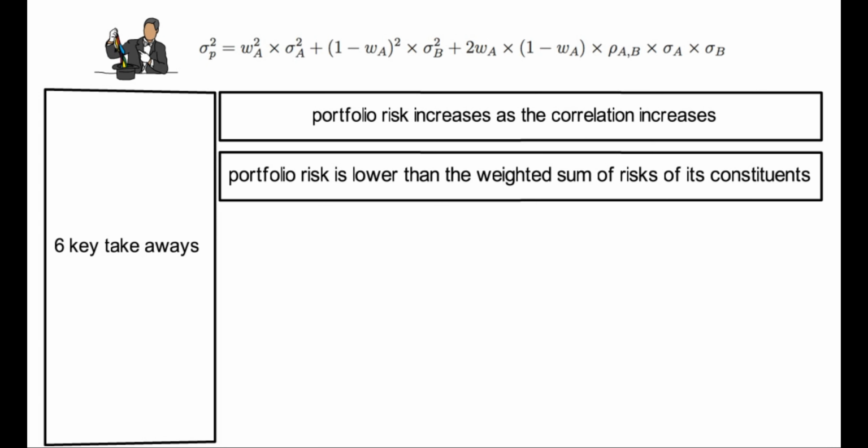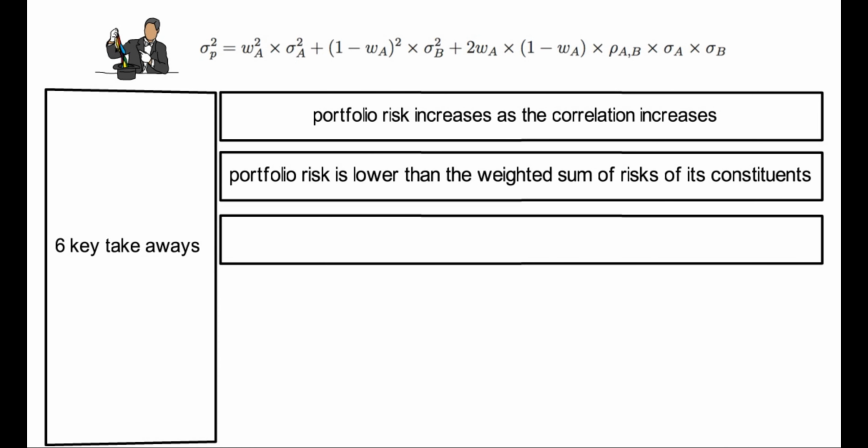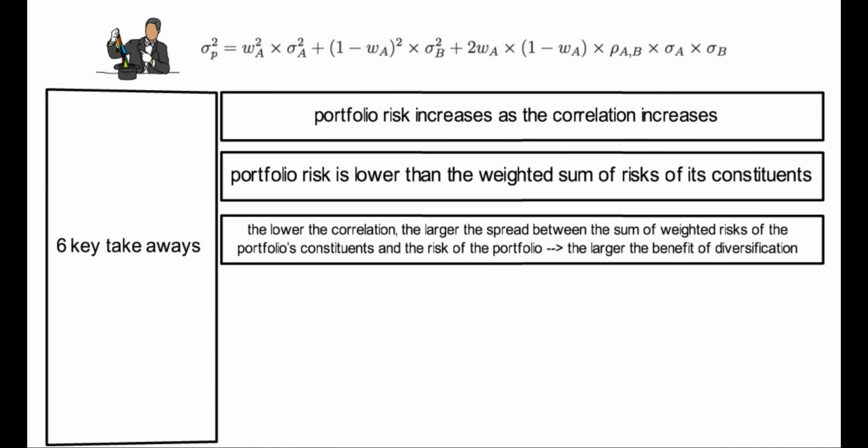It's only in that very special case that portfolio risk is equal to the weighted sum of single asset risks. Third, the lower the correlation, the larger the spread between the sum of weighted risks of the portfolio's constituents and the risk of the portfolio, and hence the larger the benefit of diversification.